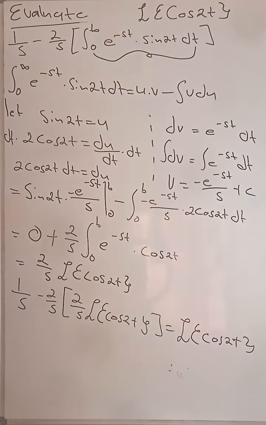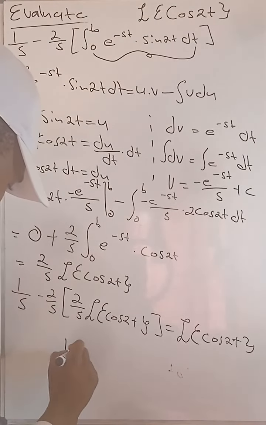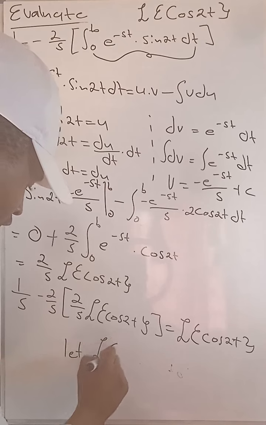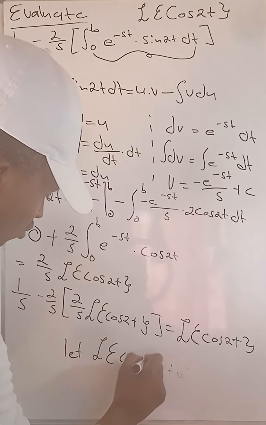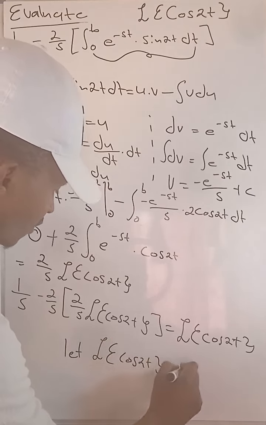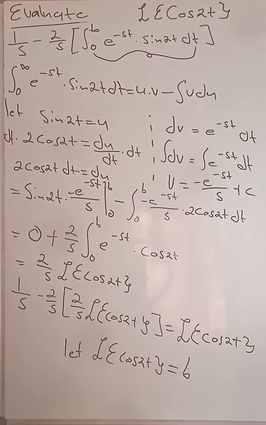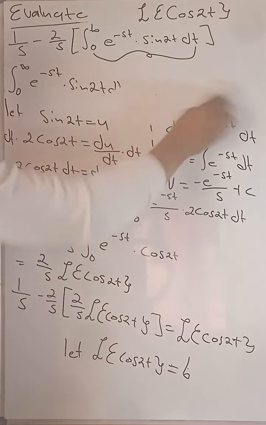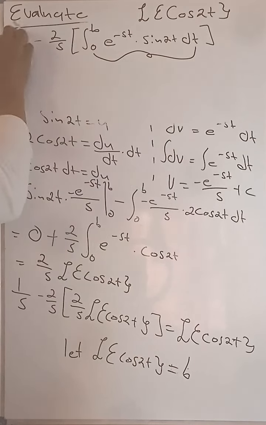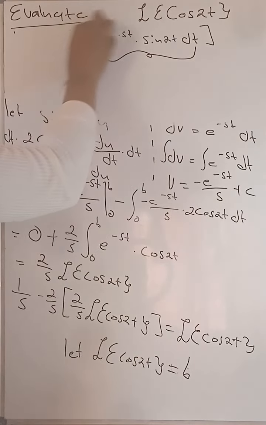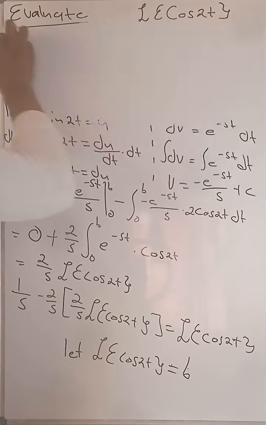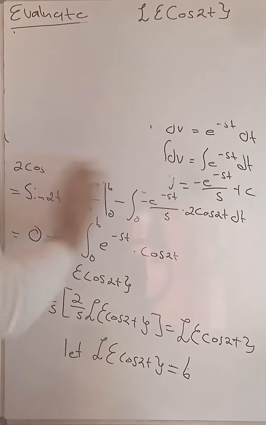So now I can just let my Laplace transform of cos 2t be b. I can just make it b, or you can make it s, depending on what variable you love. For me, I love b. That's why I'm using b in all the cases.